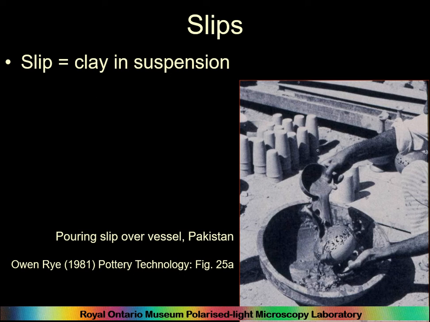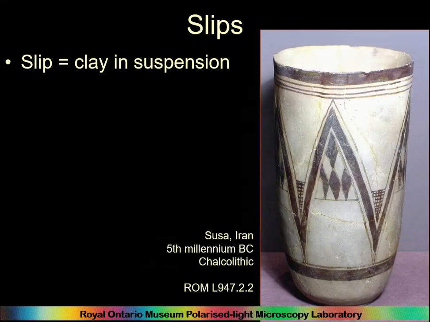And so this is very easy to make liquid. Add water to it, it becomes very goopy. And you can apply this to the outside of a vessel. Like this is being poured all over the vessel, and you could dunk it in it or paint it on it, and that's slip. So that's a true slip made of clay.